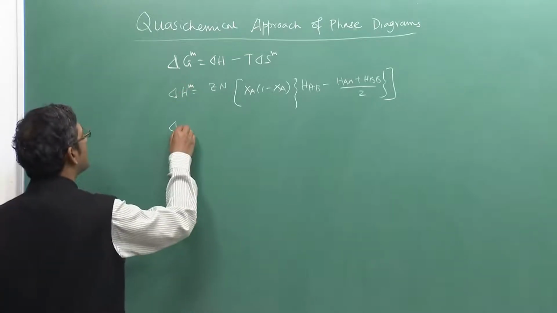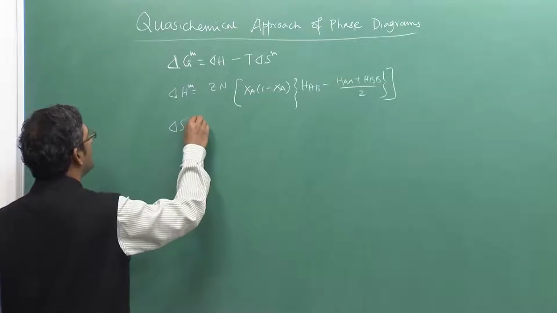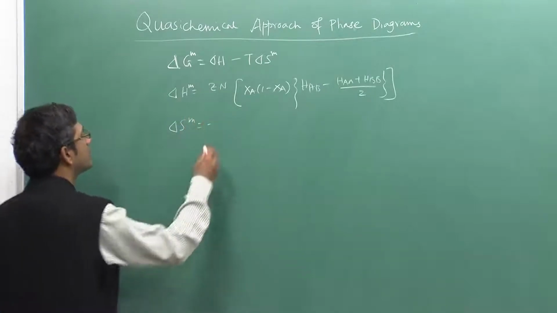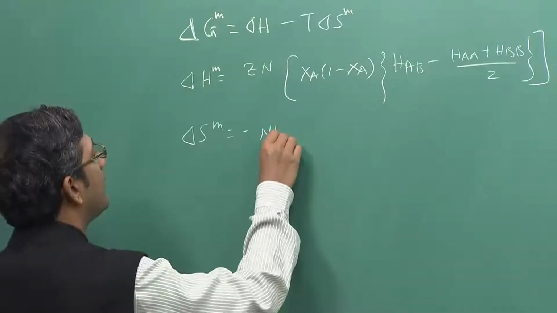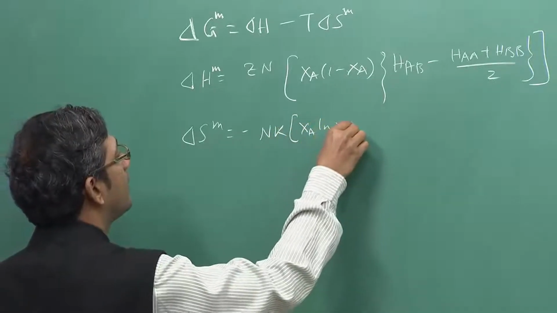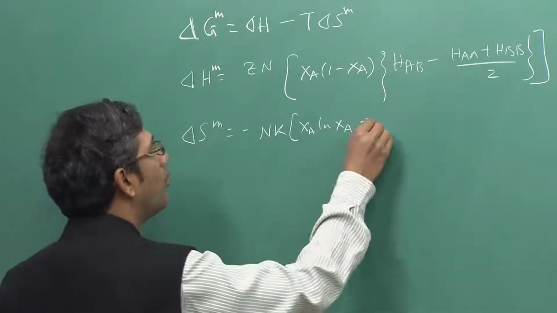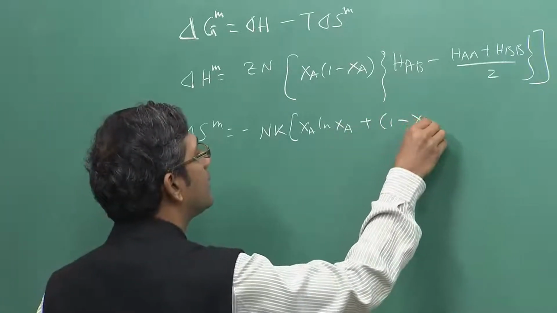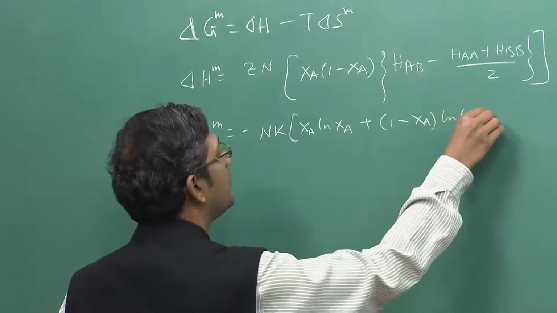Similarly, delta Sm I have derived to be minus n k [Xa ln Xa plus (1 minus Xa) ln(1 minus Xa)], where ln means log.